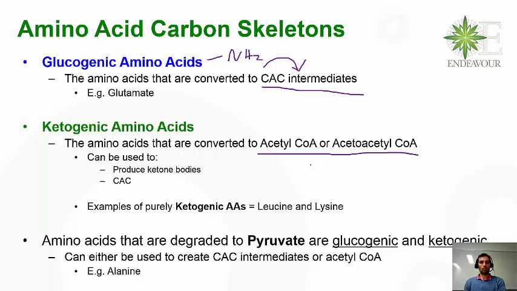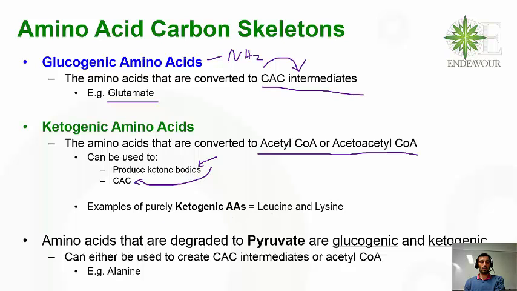And these ones can be used in not only the citric acid cycle, because the acetyl-CoA can enter the citric acid cycle, but they can also be used for other reactions that acetyl-CoA is used in, like making ketone bodies or even making fatty acids in lipogenesis. So an example of a glucogenic amino acid is glutamate, whereas ketogenic amino acids are things like leucine and lysine.